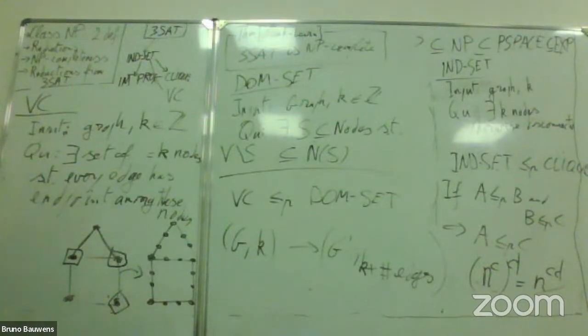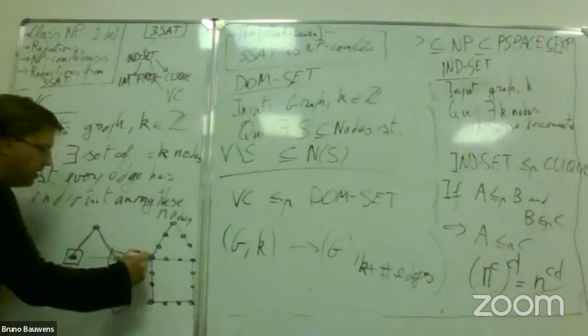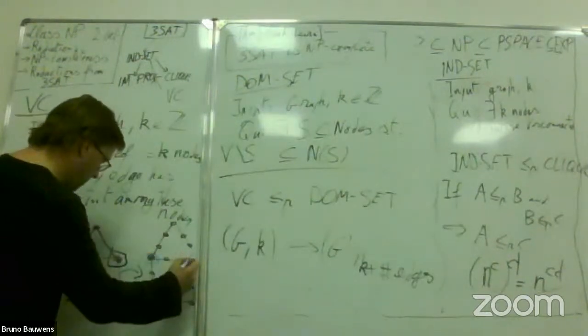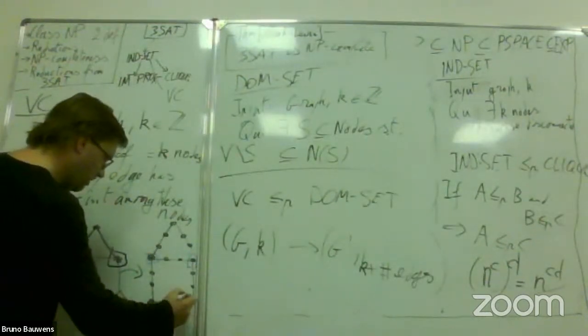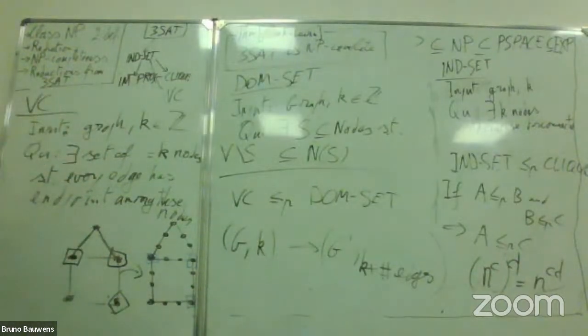So first, the original nodes that we select are the same ones as the vertex cover. Like this. And now the question is for the other nodes.